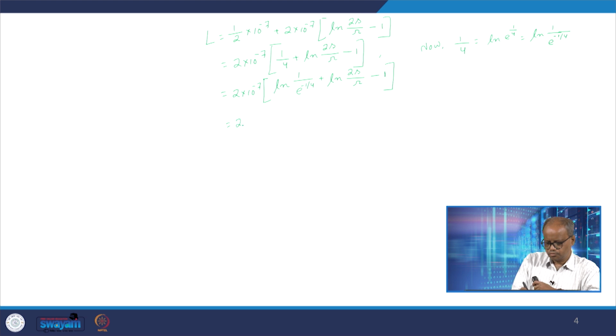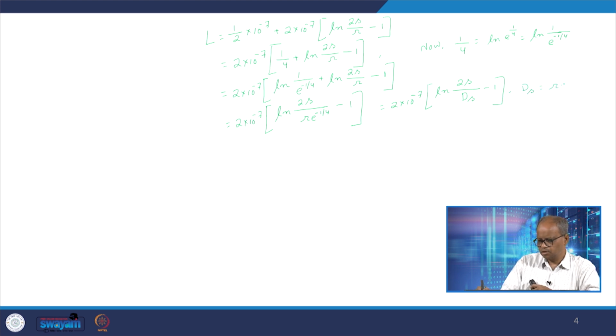So, it is 2 into 10 to the power minus 7 into log twice s into r into e to the power minus 1 by 4 minus 1. So, it is 2 into 10 to the power minus 7 into log twice s by, we call it ds, minus 1, where ds is equal to r into e to the power minus 1 by 4, it is equal to 0.7789, I think, r.